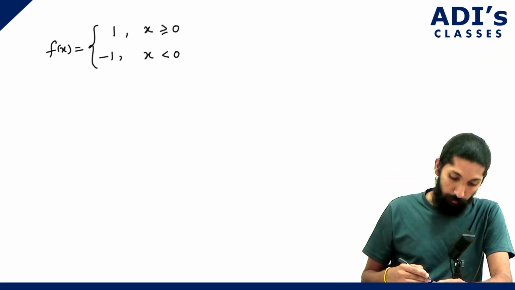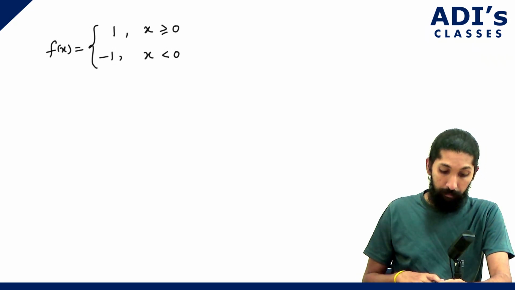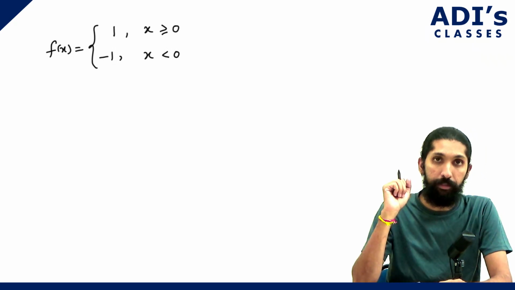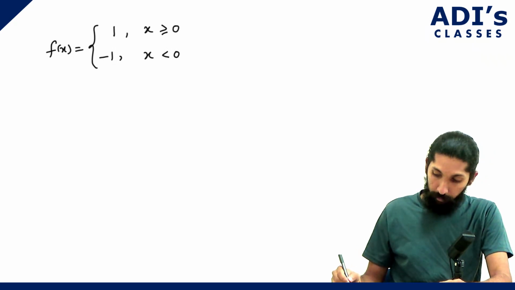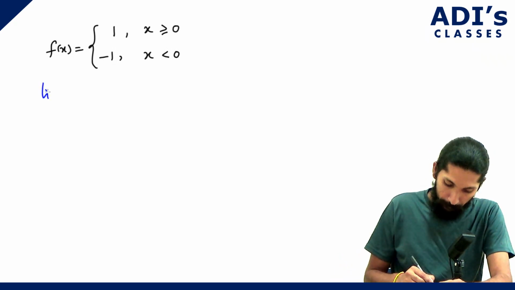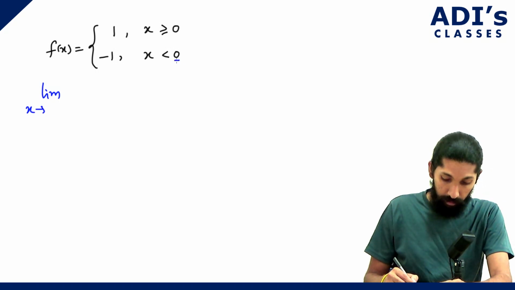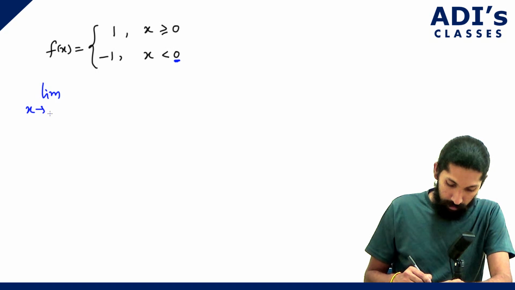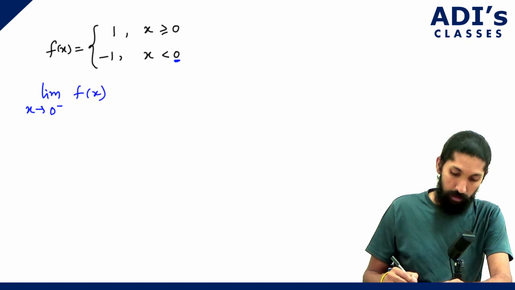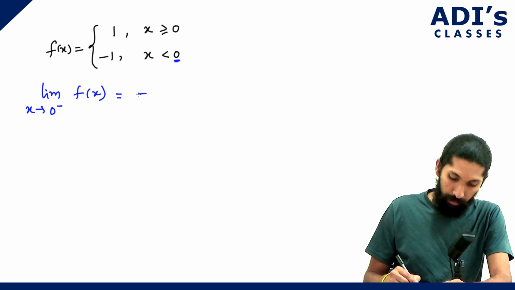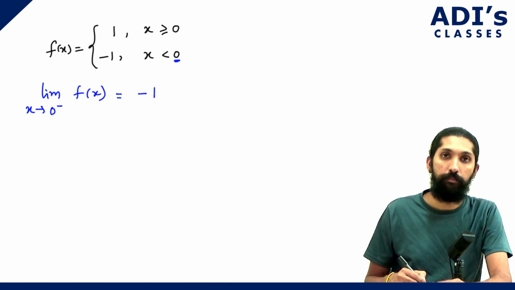First, we take the limit, but we take the left hand limit. In the sense, we take limit as x tending to 0 minus of f of x, since here it's less than 0, isn't it? This value is nothing but negative 1, correct?